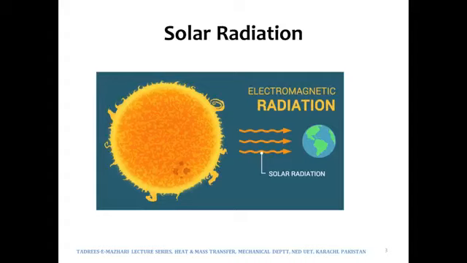Any object which is at a temperature above 0 Kelvin would emit radiation. So any object around us, such as tables, walls, cars, anything which is at a temperature above 0 Kelvin will emit radiation, large or small in quantity, that is something else.